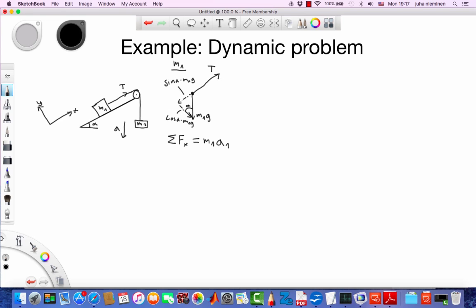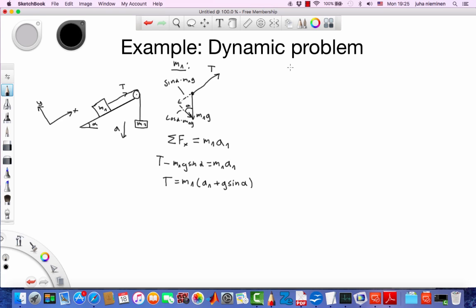Positive direction is to the right along the incline, so T is positive, and minus m1g sine alpha equals m1 acceleration 1. We can arrange by bringing T to the other side, and m1 is a common factor, so we have T equals m1 times acceleration 1 plus g times sine alpha.